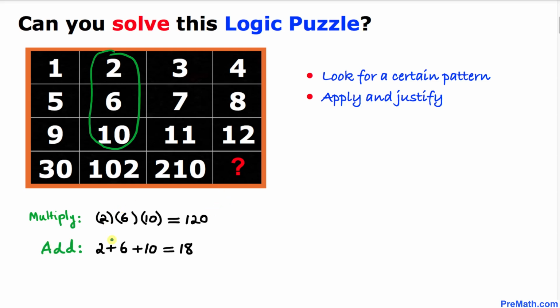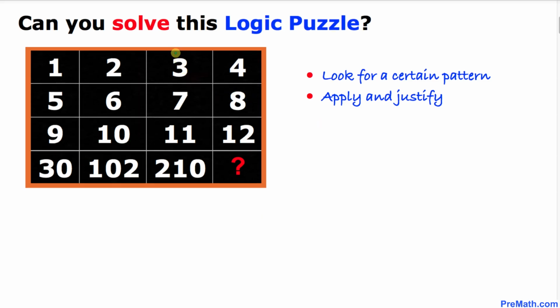Likewise, we add these numbers as well. 2 plus 6 plus 10 gives us 18. Now 120 minus 18 gives us 102, and that's the number we got at the bottom over here.